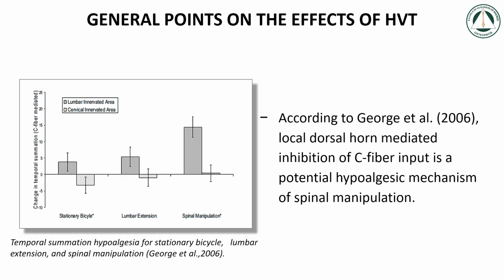According to George et al. 2006, local dorsal horn-mediated inhibition of C fiber input is a potential hypoalgesic mechanism of spinal manipulation. The graph on the left shows illustration of the temporal summation hypoalgesia for stationary bicycle, lumbar extension, and spinal manipulation.